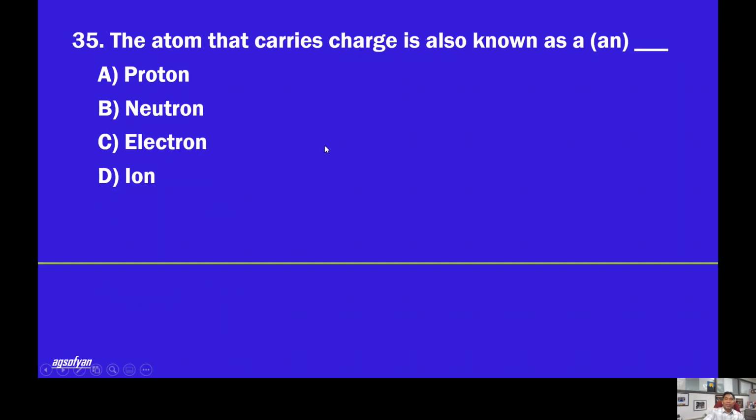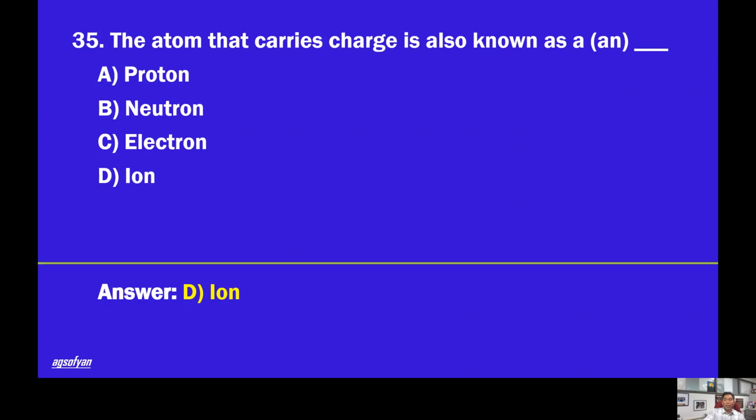Number 35. The atom that carries charge is also known as a proton, neutron, electron, or ion. Choose your answer. Yes, it becomes an ion. Okay, so like sodium, if it is neutral, then it is an atom.